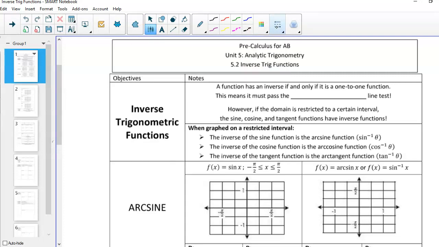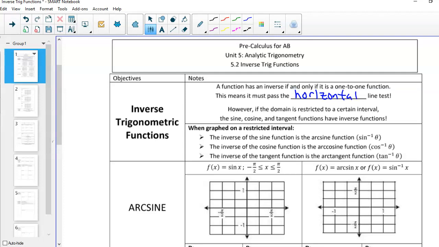Alright, so thinking back to when we first did inverse functions in general, it's inverse only if it's 1-to-1, which means it passes what test? It passes the vertical if it's a function, the horizontal if it's 1-to-1. So really it passes both because it's 1-to-1.